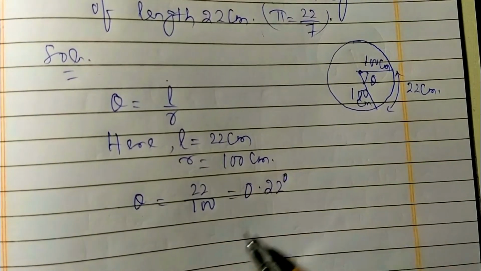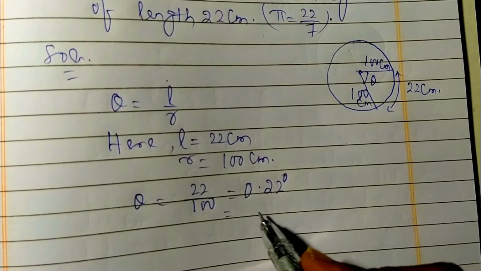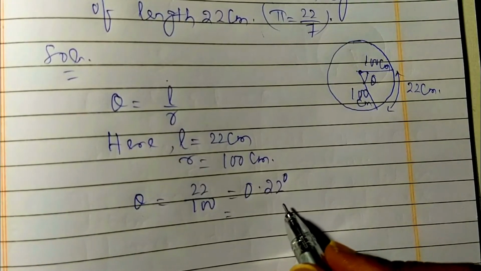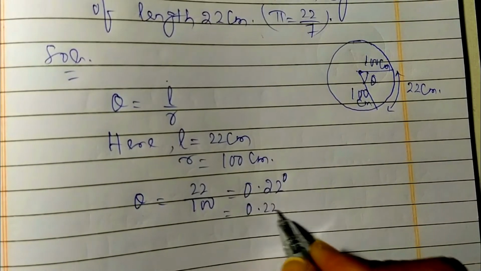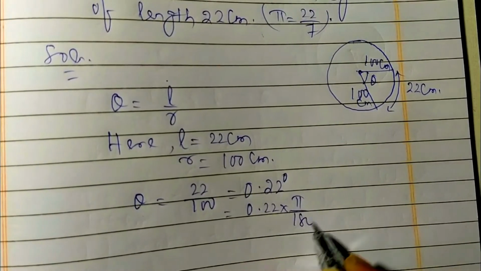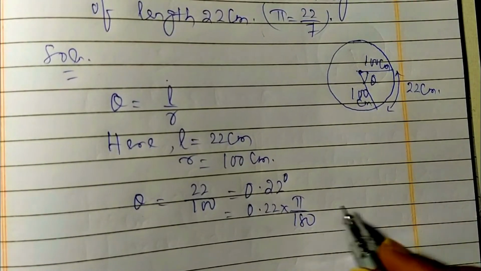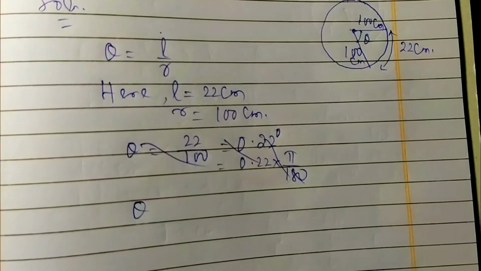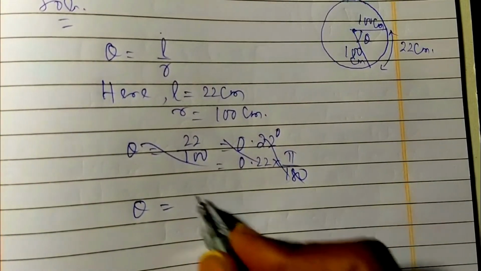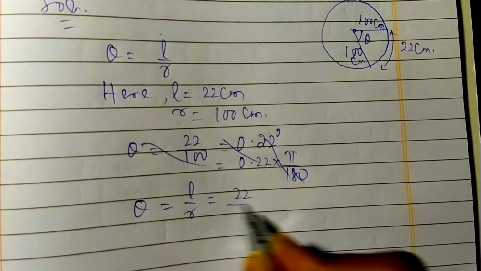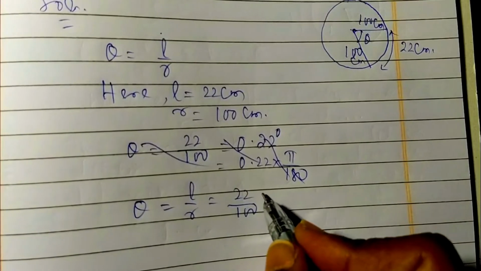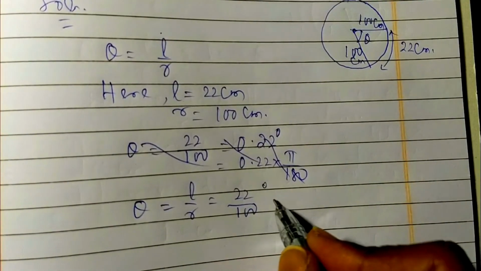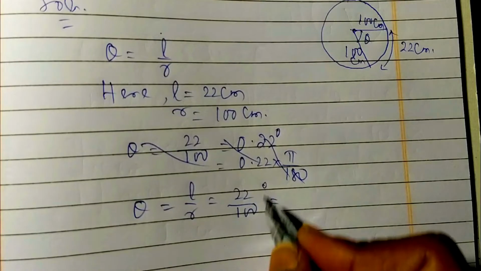So theta is equal to L by R, that means 22 by 100, this much radian.